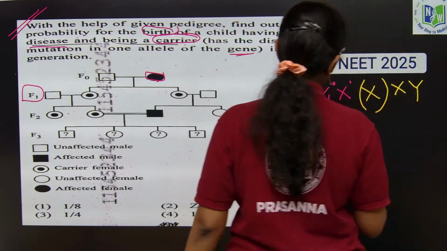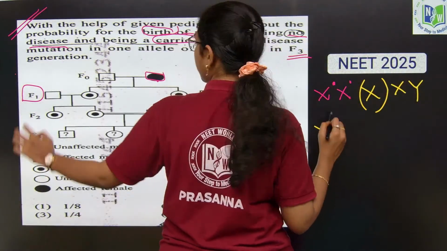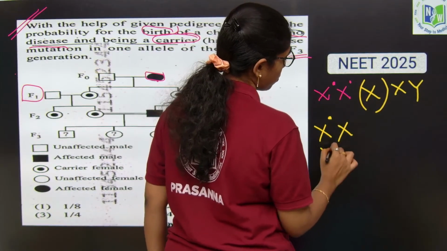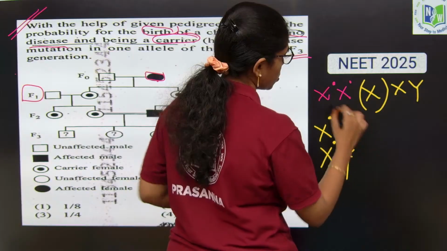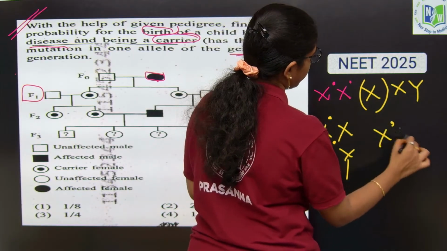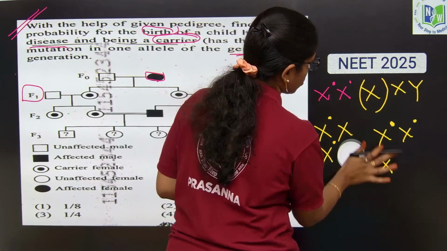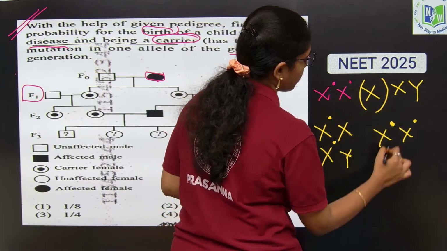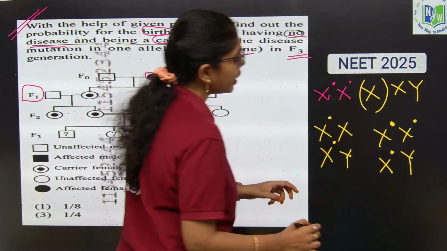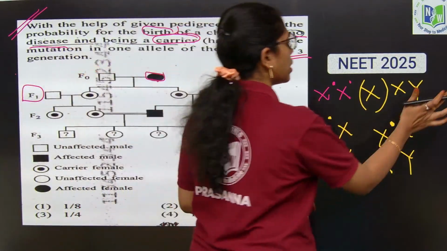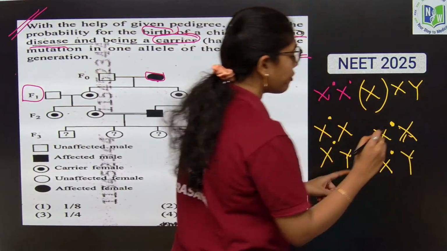So, what will be the offsprings in the F1 generation? Let us confirm. XY, and then this indicates the disease presence, okay. So, here in offsprings you can find carrier females and affected sons.